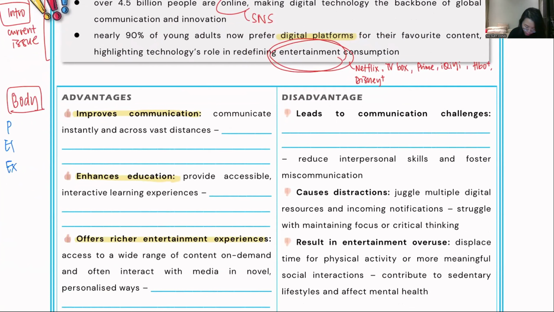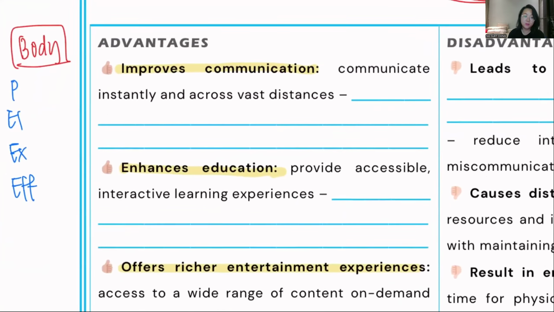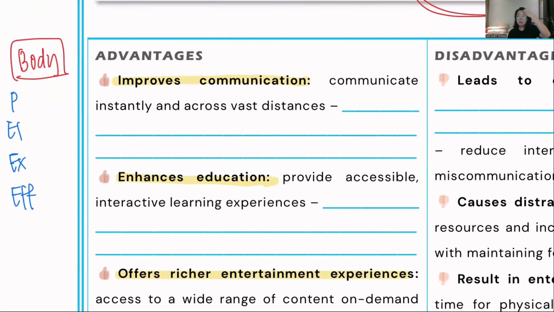so like let's come back to 我们的 advantages. 每一个内容你会发现到我都尽可能给你 two out of three of 你的 elaboration example 或者是 effect 啊，所以你可以看到 in terms of improves communication. I mean, I agree. Technology does improve communication.